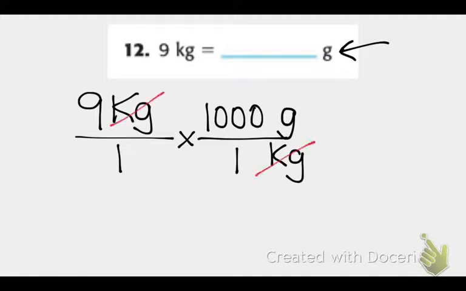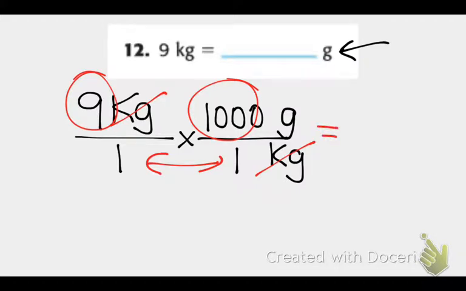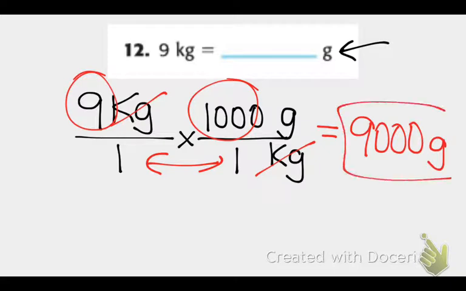Now let's cancel. Kilograms cancel. Now I'm just multiplying. 9 times 1,000. I don't have to worry about it. I'm just dividing it by 1, right? So 9 thousand is 9,000 grams. Okay? Hopefully you got that one right. Let's go on to the next problem.